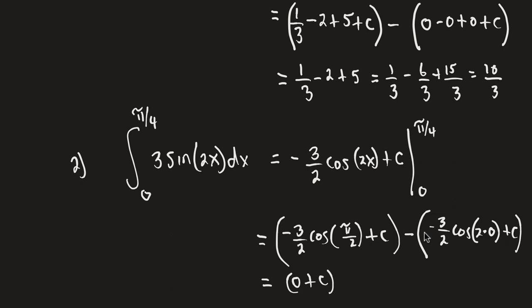And then that will give me a positive 3 halves. So positive, and then 3 halves, and then, oh, wait a second, and then distributing that negative to the plus c makes it a minus c. So we end up with 3 halves for that answer.